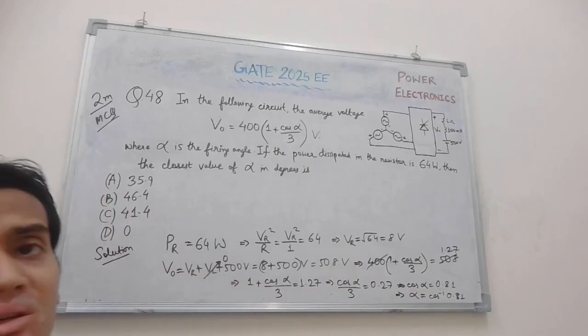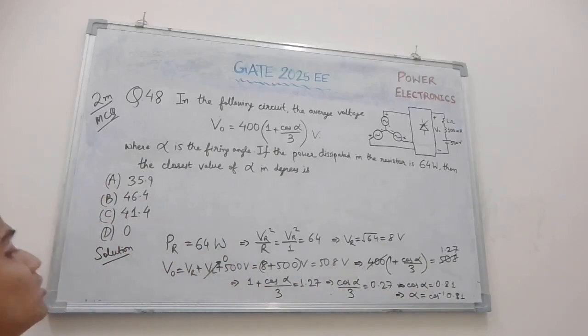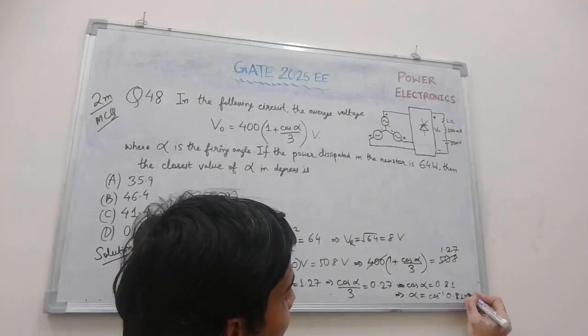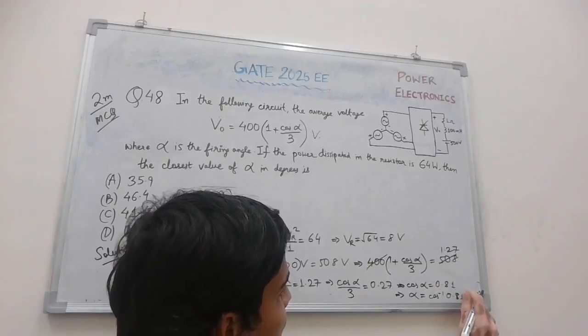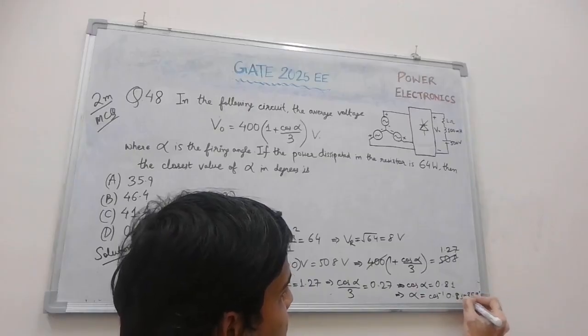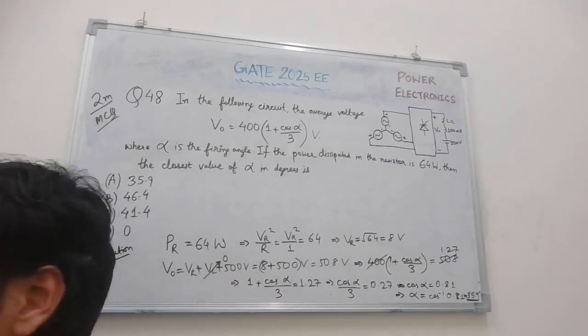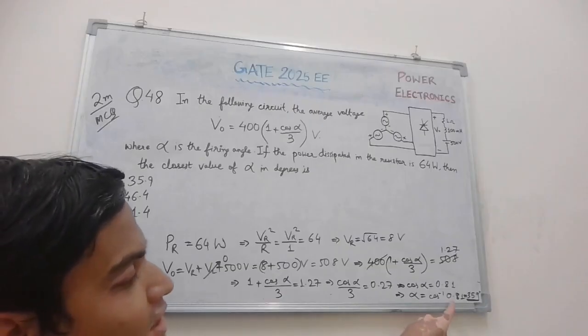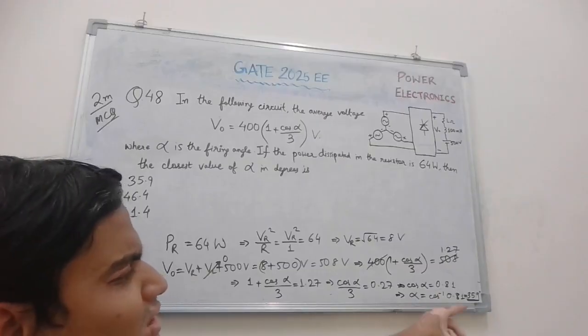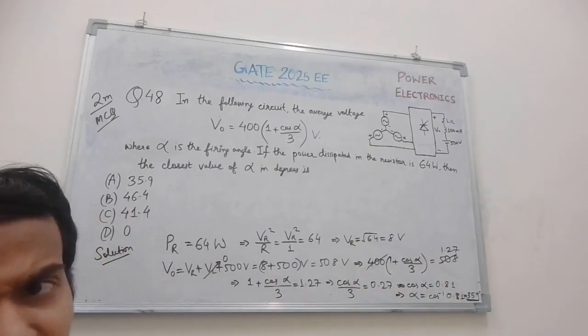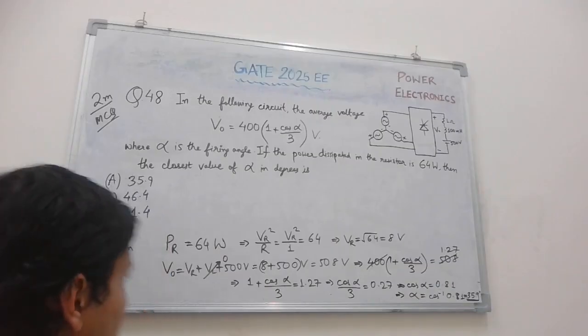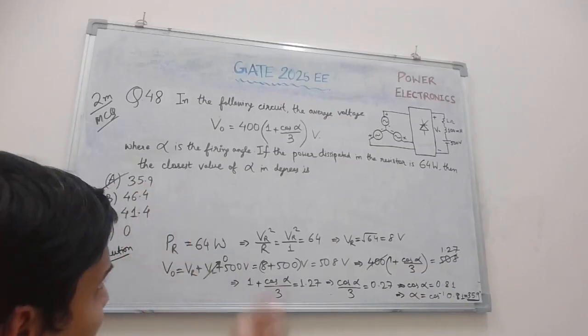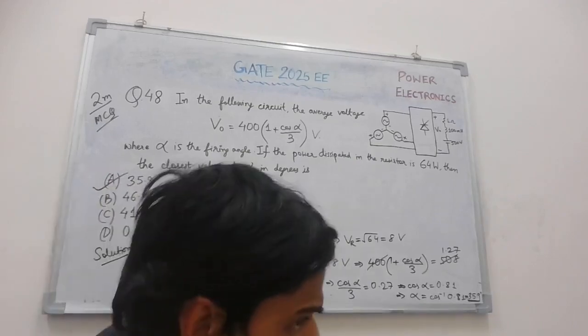Among the options we can easily find that it is close to 35.9 degrees. Other options are nowhere near. So the correct answer to the question is option A, 35.9, as alpha is asked in degrees.